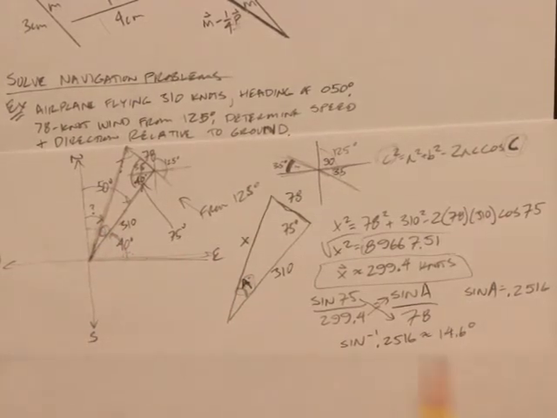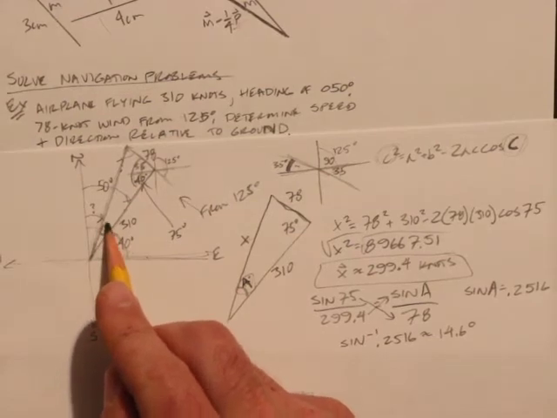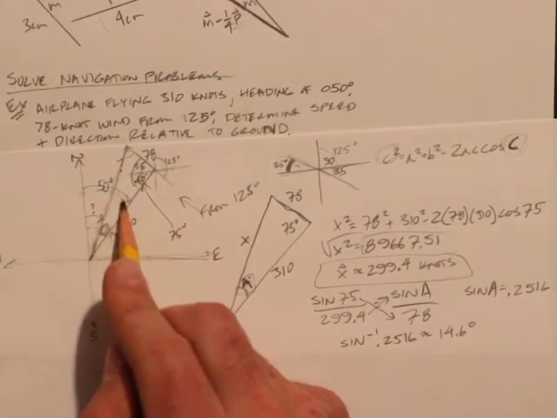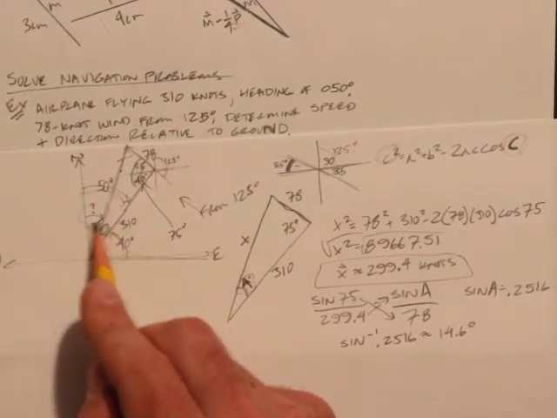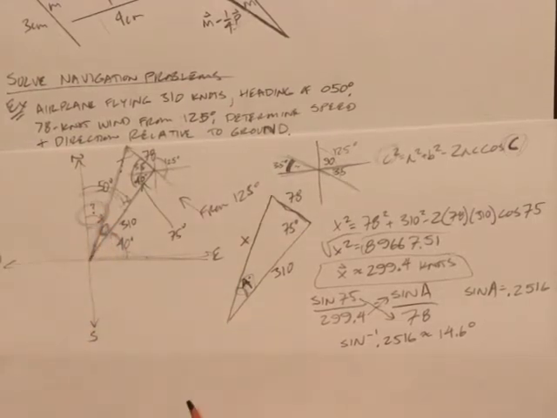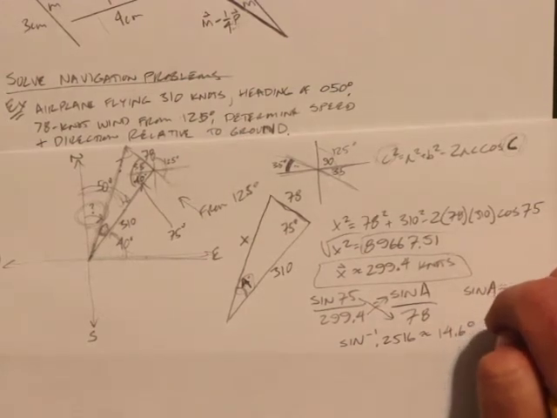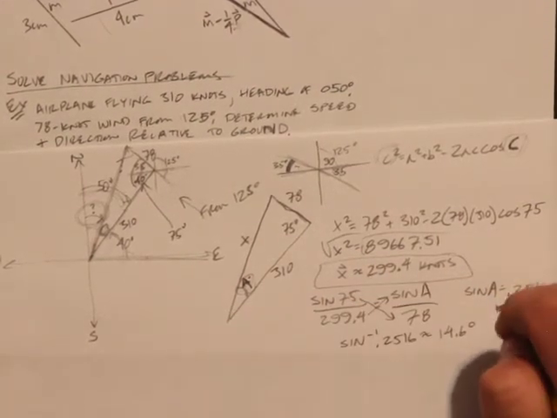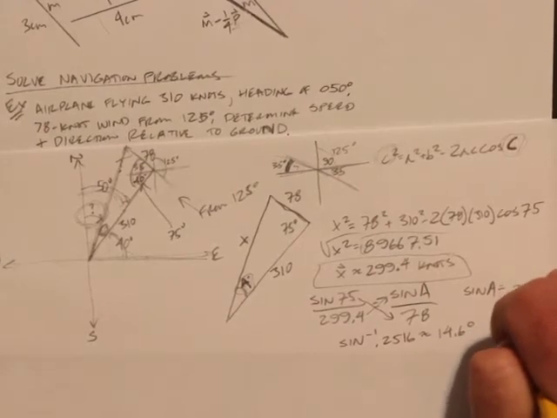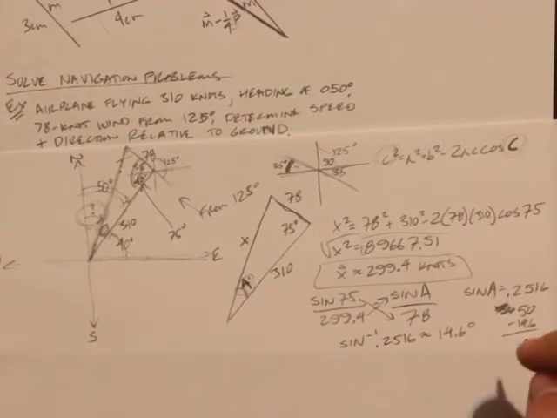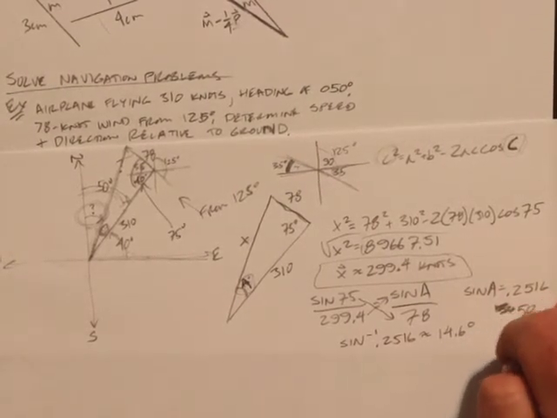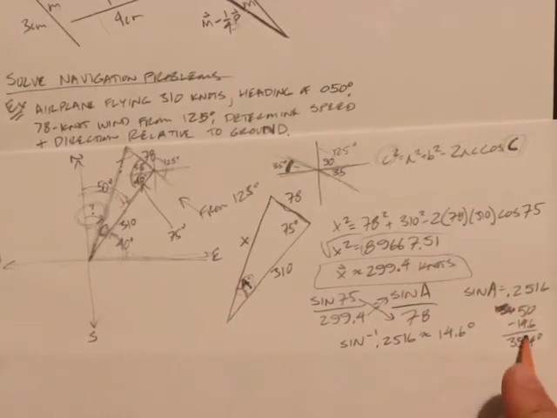Now, if I have that angle right here, and this whole angle is 50 degrees, I need to find this angle is what I'm looking for here. So I need to say 50 minus 14.6, and that gives me 35.4 degrees. So that is my angle there, but let's write it in the correct notation.